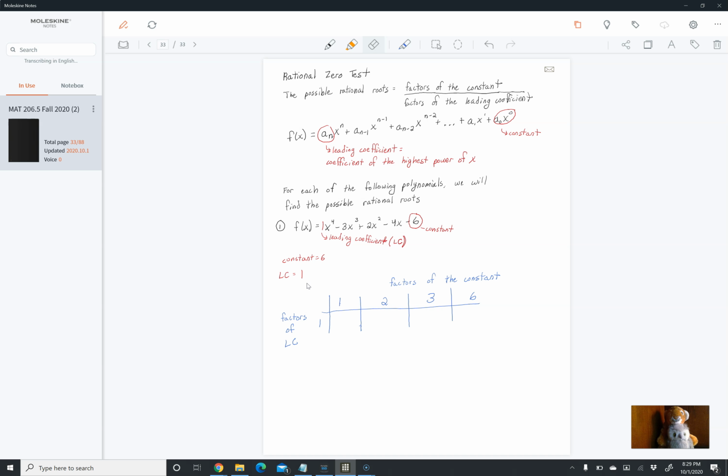What's going to go inside these boxes? Inside these boxes are going to go the constant over the leading coefficient. So in each of these, you're going to put the column over the row.